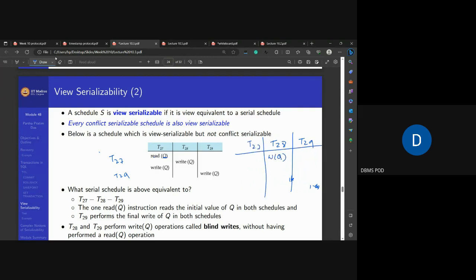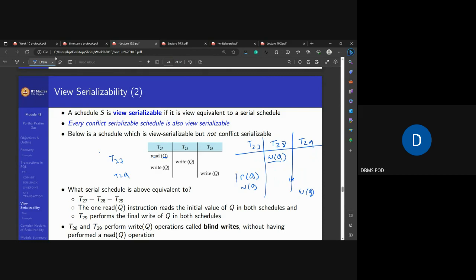Write Q, then read Q, write Q, then write Q. So you are telling about this case, right? Yes, sir. So suppose write Q directly writes the data item value 50.